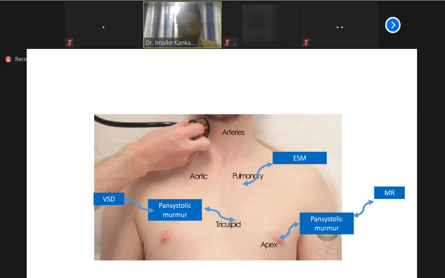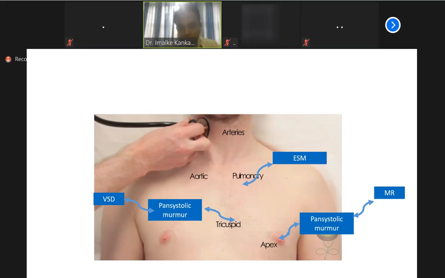I heard a murmur because if it is a small child, VSDs will be usually closed or operated by about 3-4 years, unless it is a mid-muscular VSD, right? But you can say if you hear a murmur best heard on the tricuspid area, then that is definitely VSD.